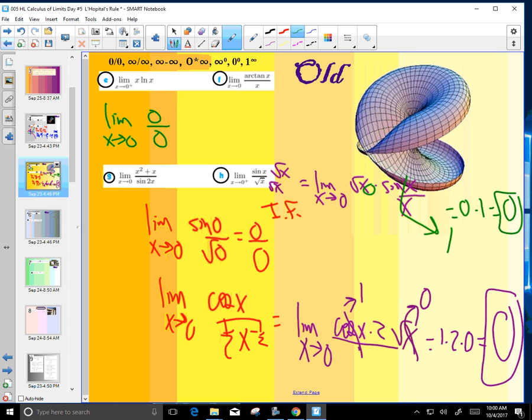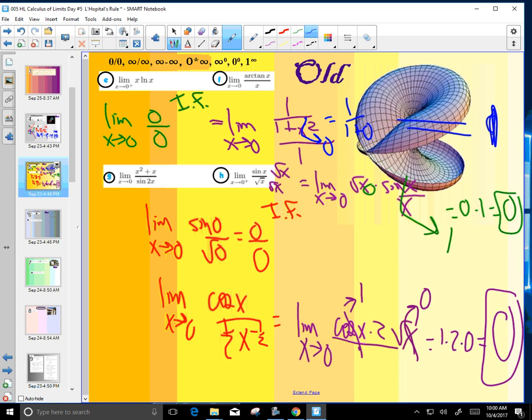This is an indeterminate form. So the derivative of this is going to be 1 over 1 plus x squared over 1. If you put a 0 in for x, you're going to get 1 over 1 plus 0, which is 1. That one will be 1, but don't worry about that.